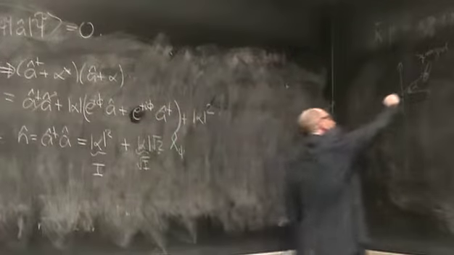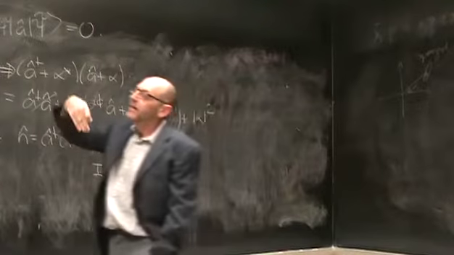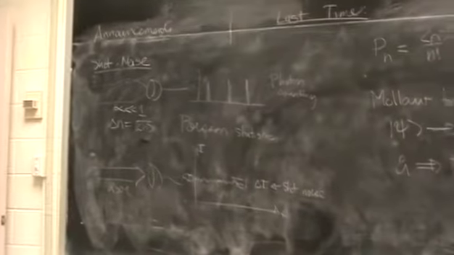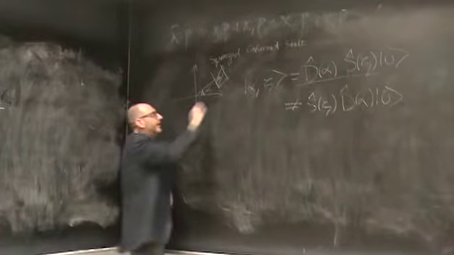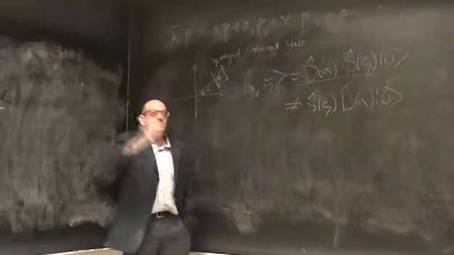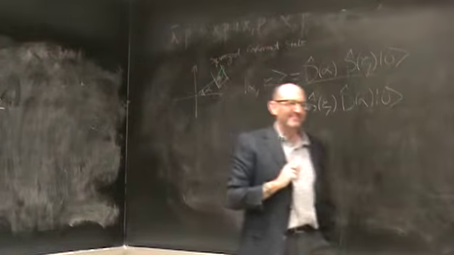So when you're doing photo counting with a large amplitude coherent state, what you're measuring is essentially the quadrature fluctuations along the amplitude. You're measuring the amplitude fluctuations along the phase of your phasor.